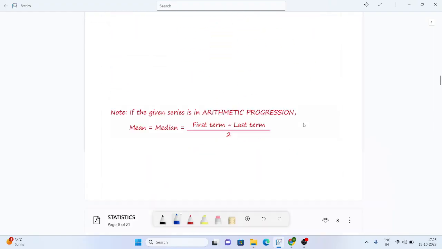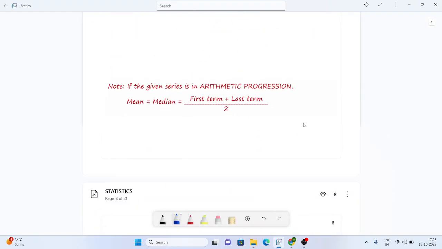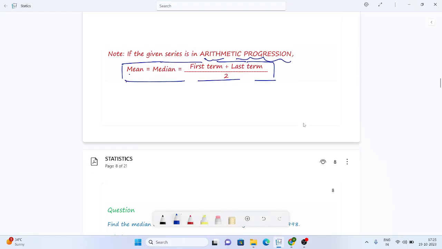Done? Okay. So make an important note. If the series is an arithmetic progression, and we mainly encounter arithmetic progression, then the mean and median are equal, and it is first term plus last term divided by 2. That we saw earlier also, that the sum of n terms is number of terms times first term plus last term divided by 2.